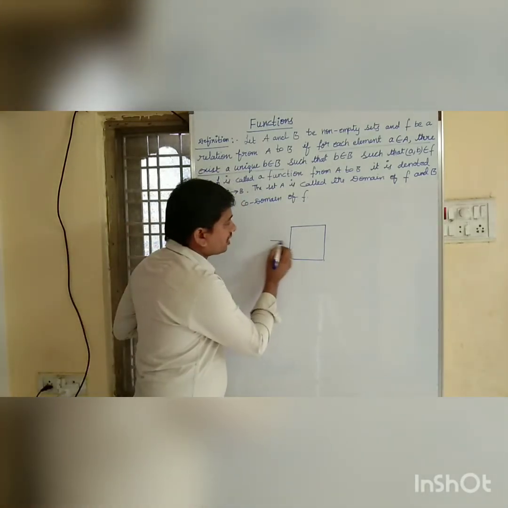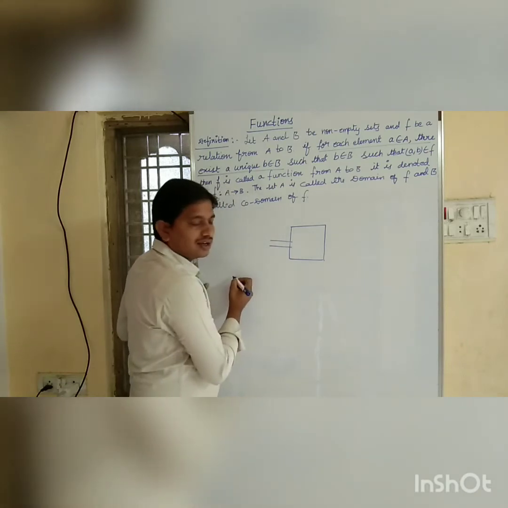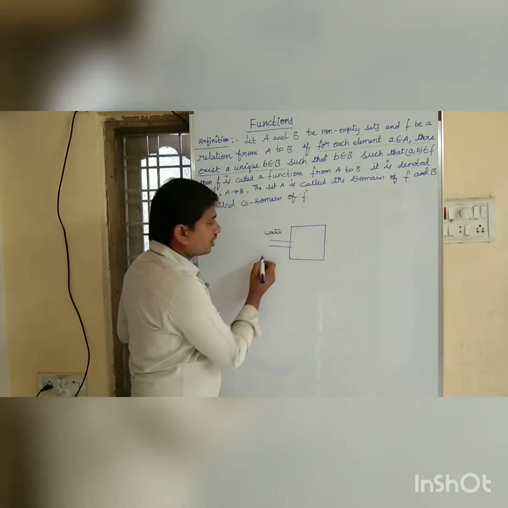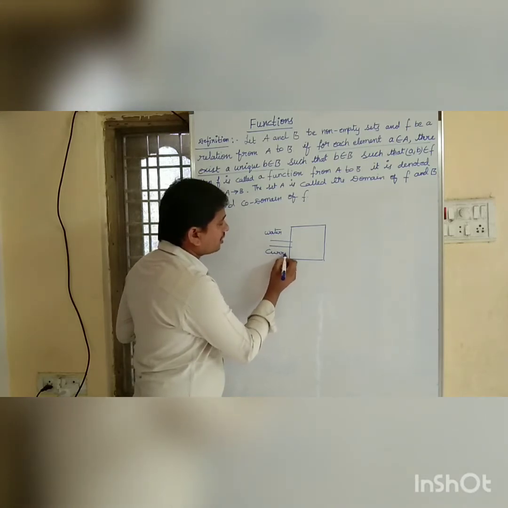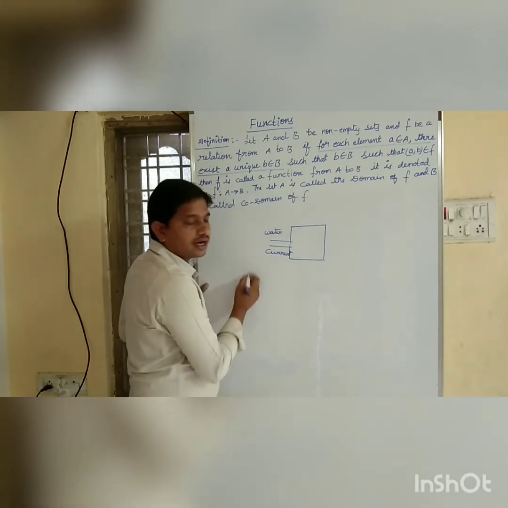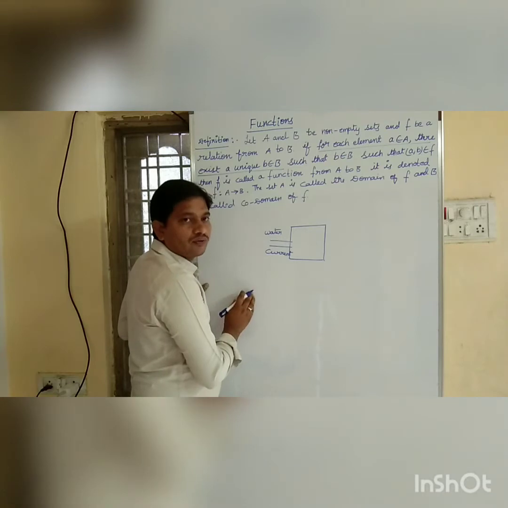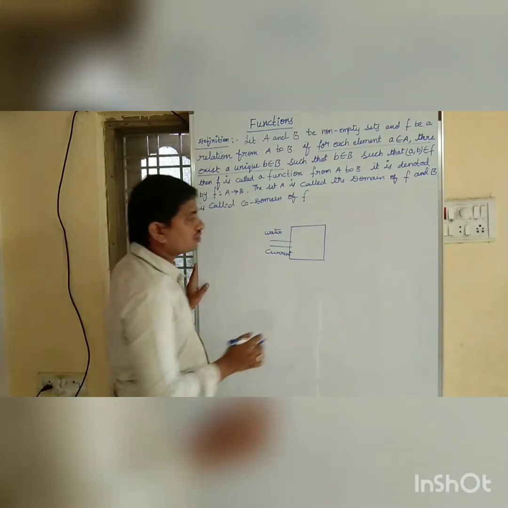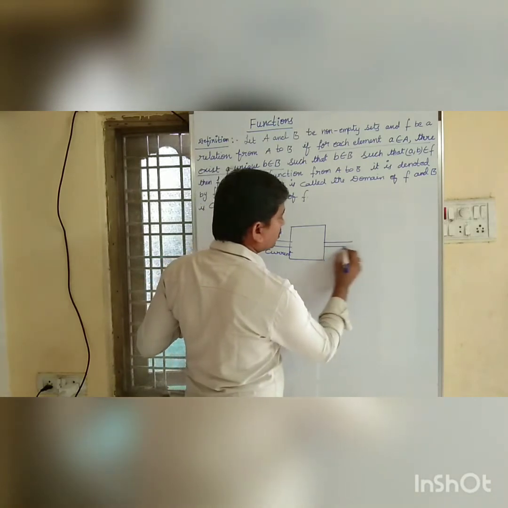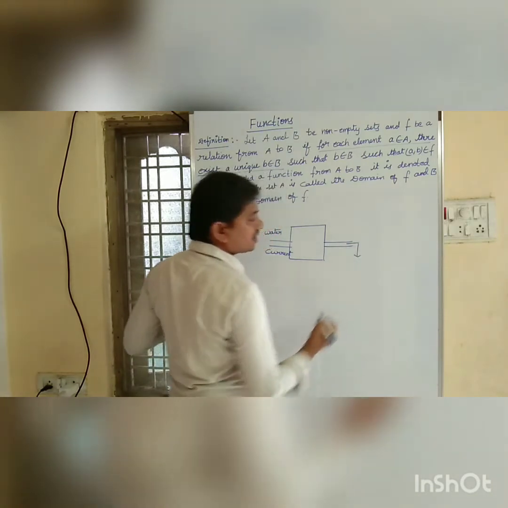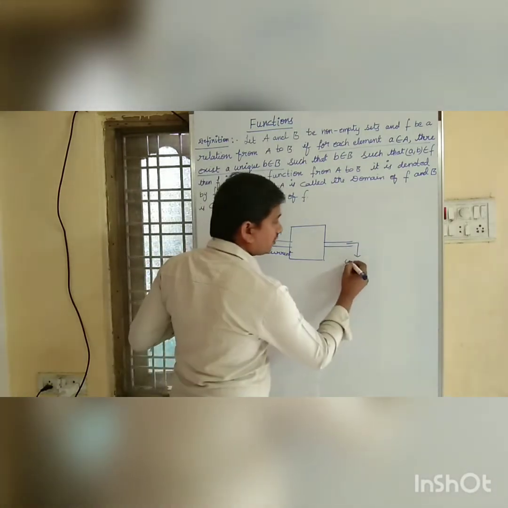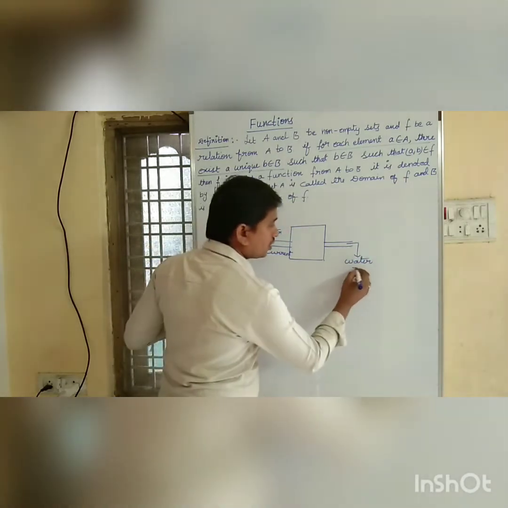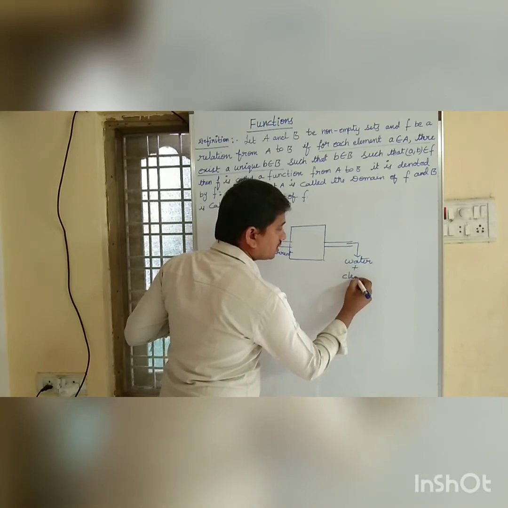What are the inputs it takes? It takes an input called water and also current, and we keep the clothes inside it, right? And it gives us output: the dirty water comes out, and also clean clothes.